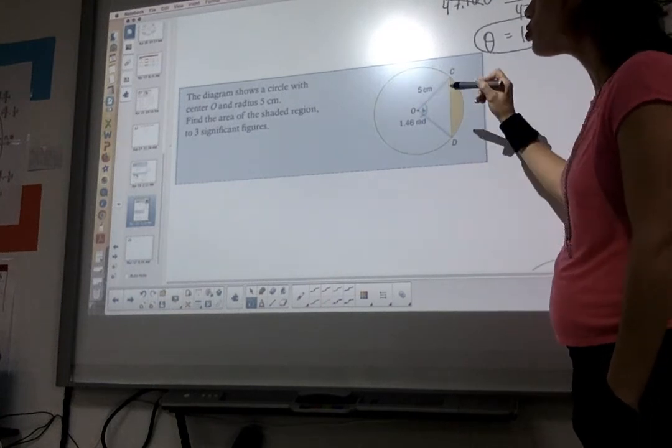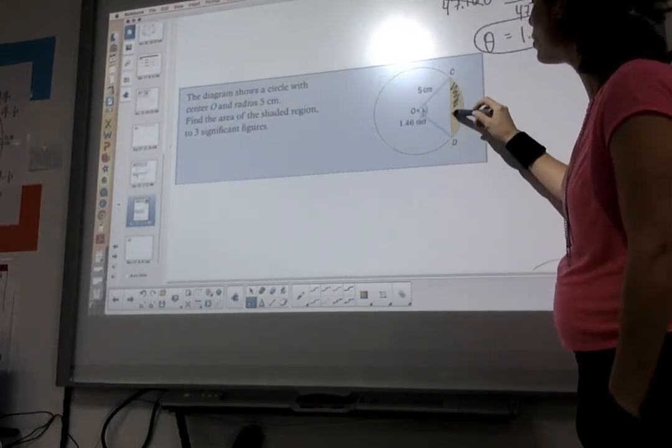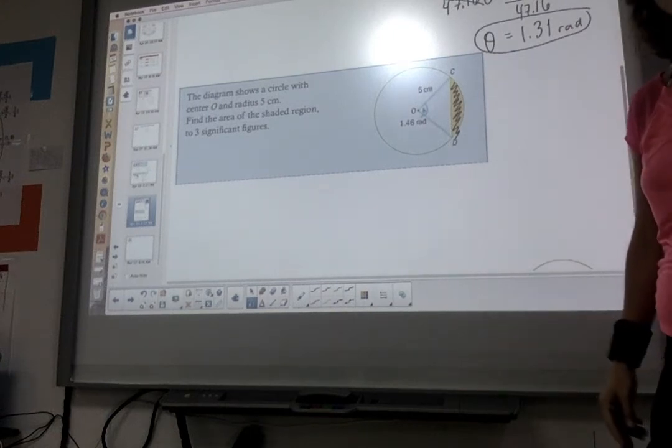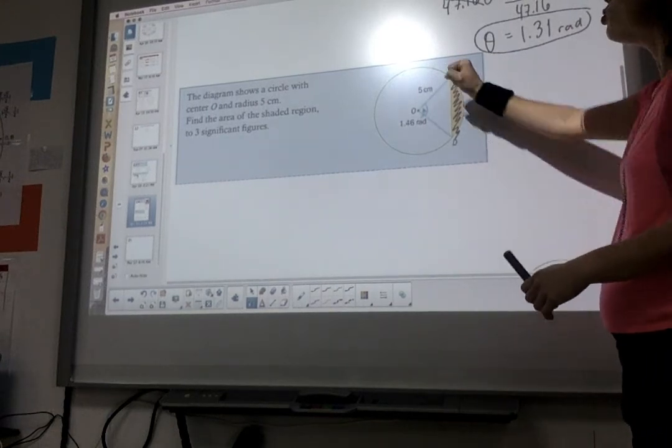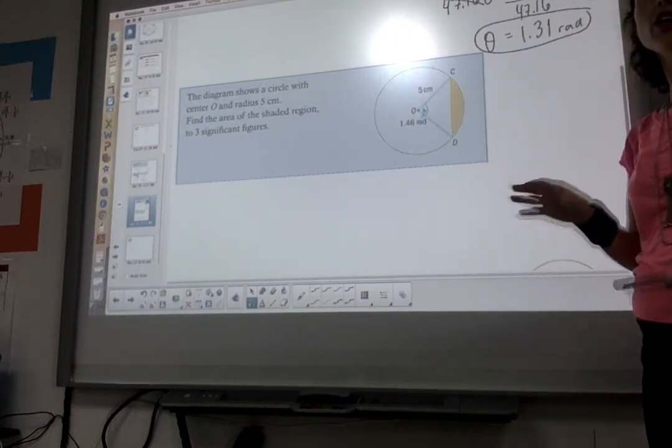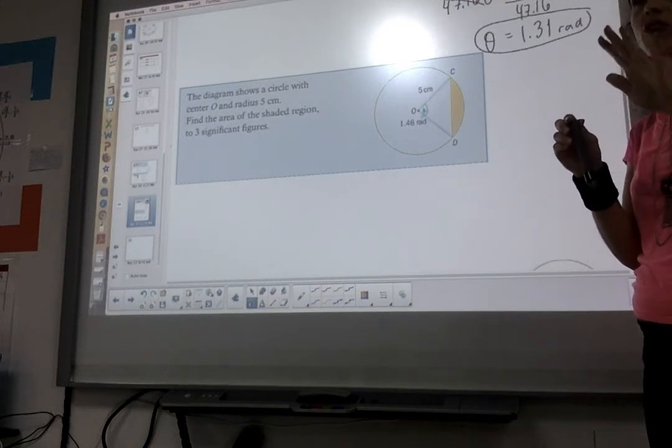The question asks you to find the area of this little yellow shaded region. I know you don't have color, so it's the area of the little gray shaded region. Can you talk me through a big picture plan of how to get that area? Don't talk to me about numbers.